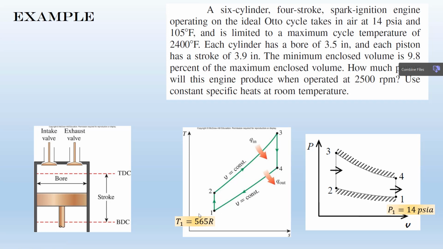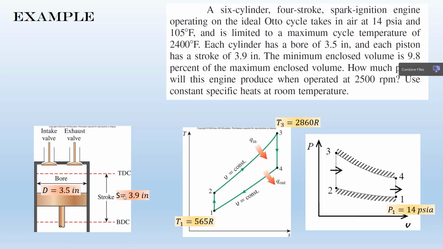And then you have the maximum temperature of this cycle. Look, guys, if you plot the T-s diagram, you can simply see that the maximum temperature of this cycle is T3. So we have T3 as well. Again, T3 is in Fahrenheit. You need to convert it to Rankine. Then we have some information for the cylinder. We know the bore is 3.5 inches, and the stroke is 3.9 inches.